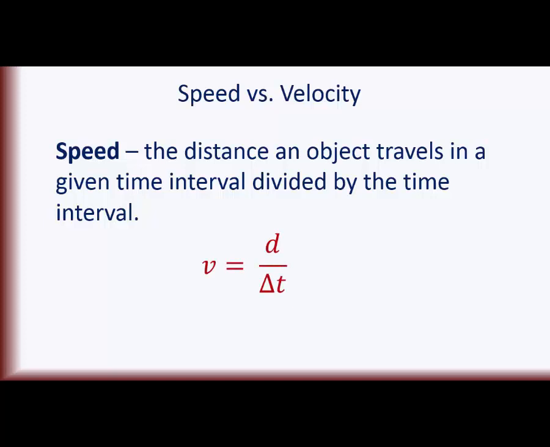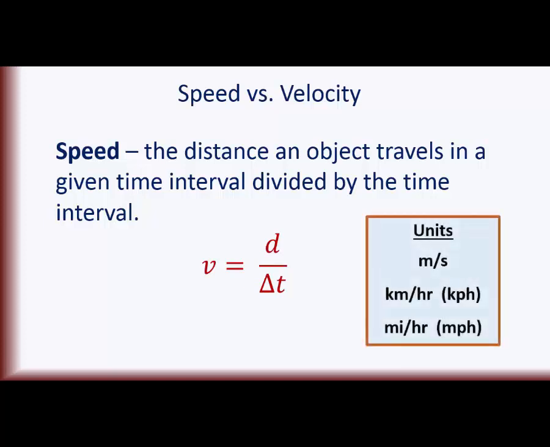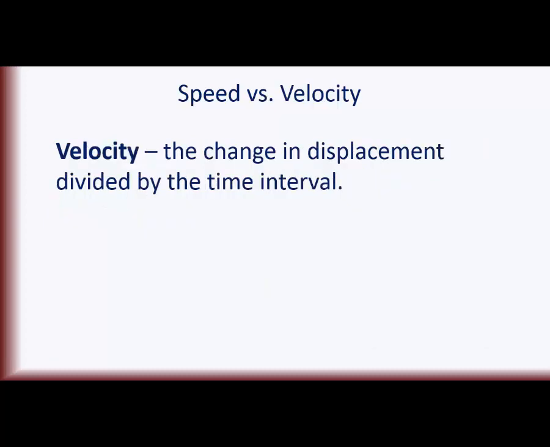Sometimes the letter S is used for speed, but to be honest, this equation will not be used that often in physics. In the box are some of the more common units for speed: meters per second, kilometers per hour, and the one you are most familiar with, miles per hour. The definition for velocity shown here uses the word displacement instead of distance.